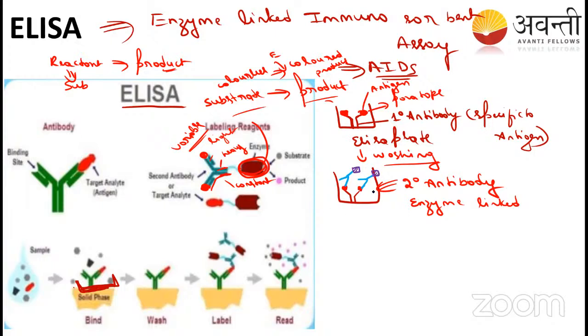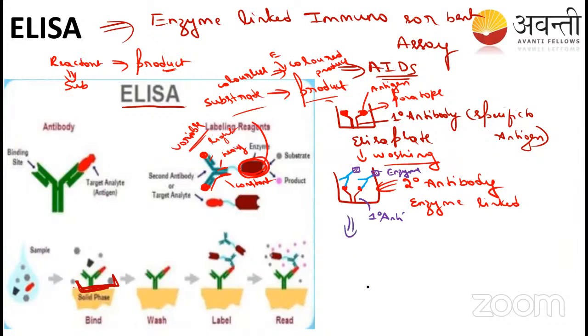So now our secondary antibody is there, our primary antibody is there, along with that the enzyme is there. So that's why we call it enzyme linked immunosorbent assay. Enzyme was linked to this, right? So that is the reason.